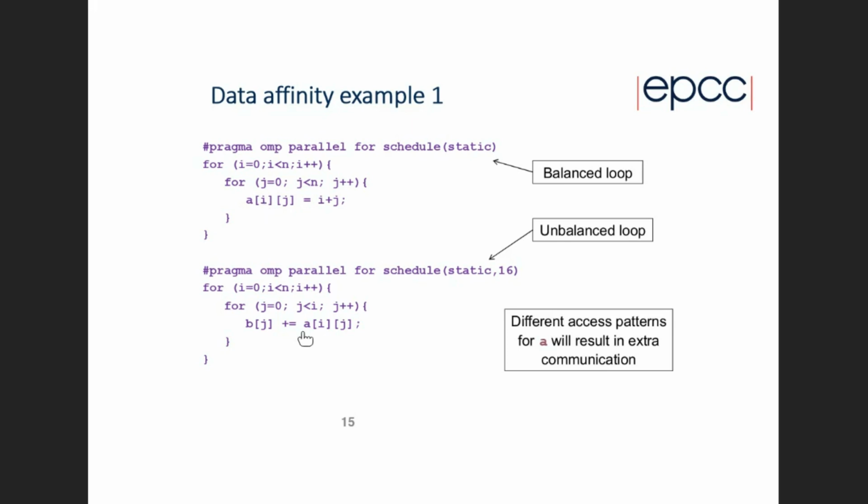So provided A is small enough to fit in some level of cache, most of these accesses here will result in cache misses, because the writing thread up here is different from the reading thread down here.